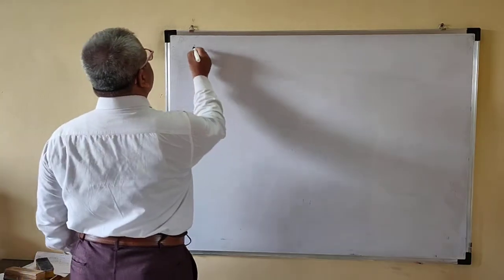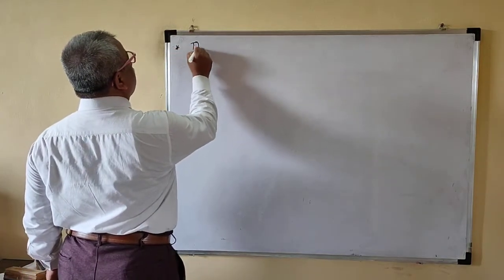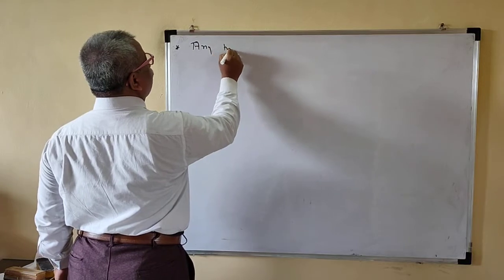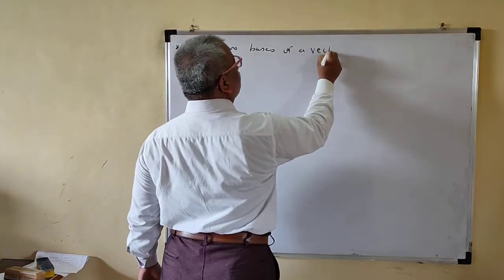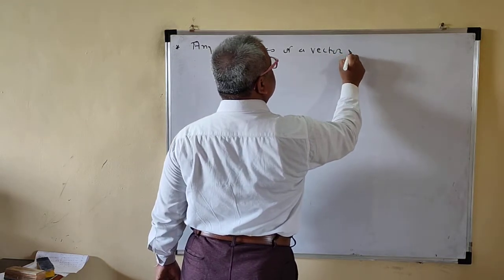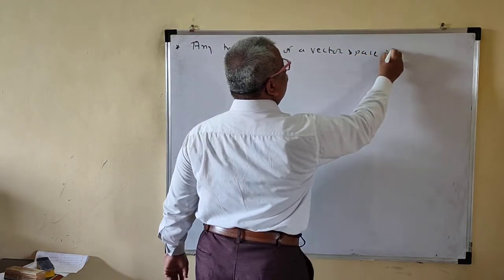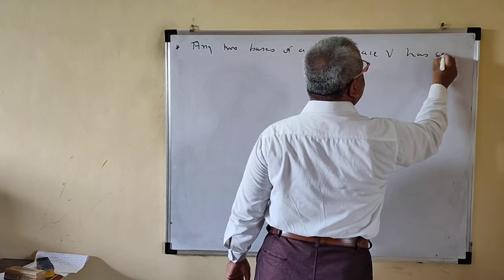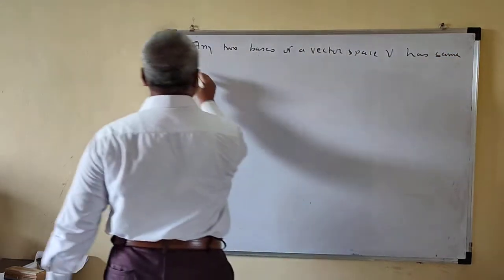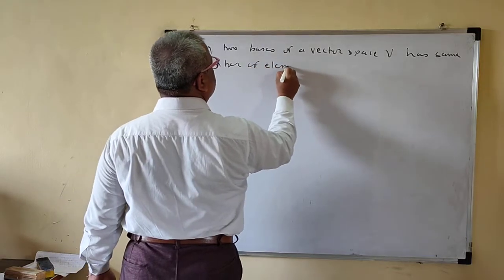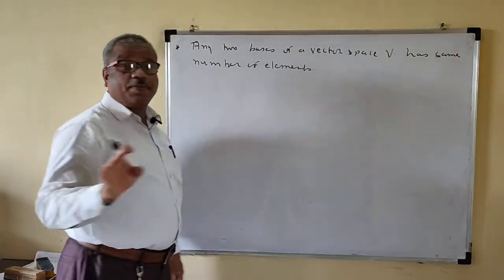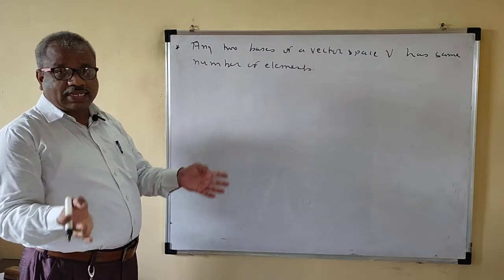Okay, this is very important. Any two bases of a vector space V have the same number of elements. We are saying the number of elements is the same, we are not saying the same elements.